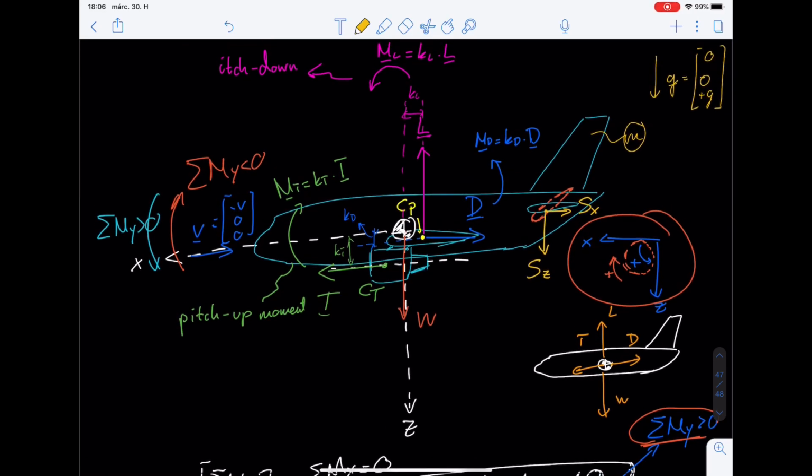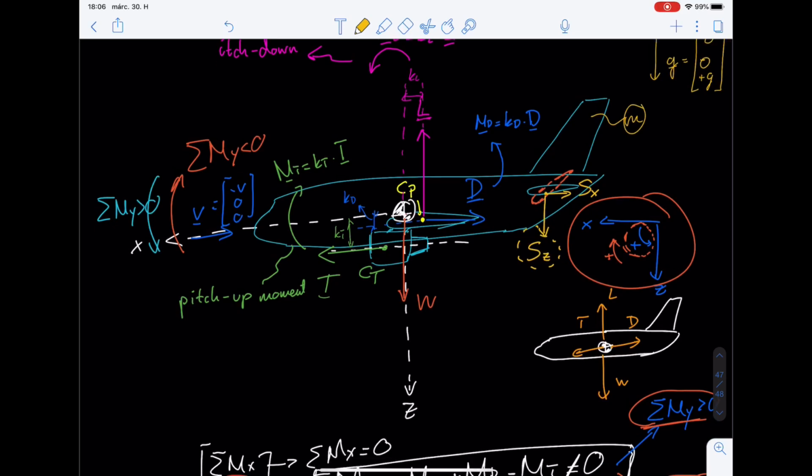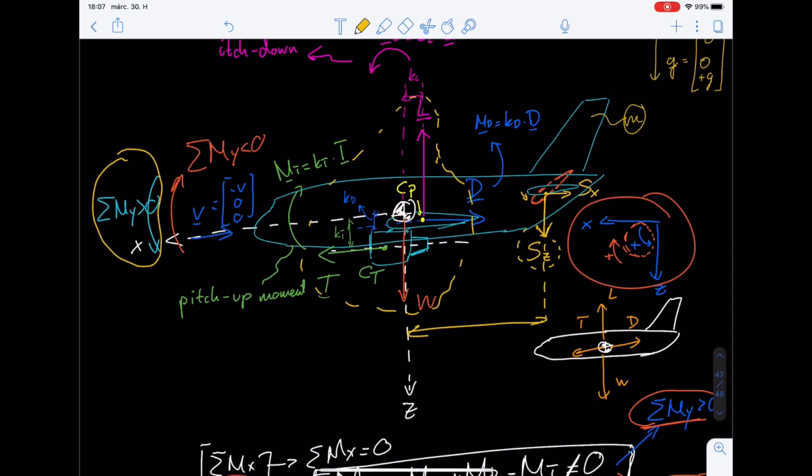Right? So with this force, in case the sum of the moments of the thrust, the weight, and the drag and the lift is in such a way that the aircraft wants to pitch down, in that case, I would deflect the stabilizer downwards, and what I get from this stabilizer Z force around the center of gravity, on this big arm right here, is this KSZ.